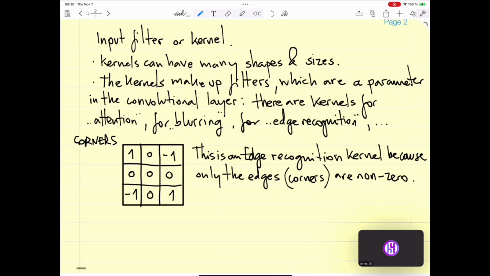It comes in the next slide. Now just look at the structure of the kernel. If we have an edge recognition kernel, we have zeros in the middle and ones, or 0.8 or something weighted, in the edges.